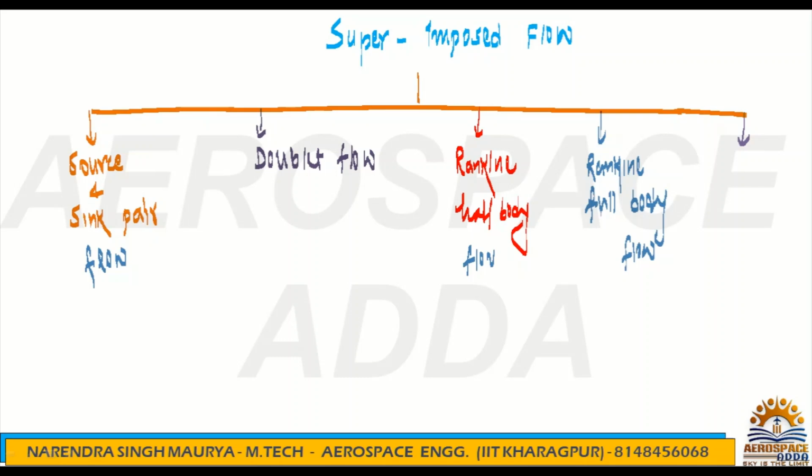I told you it's like an image. You have to check that the flow will form one cylindrical shape. So you can say it's now flow over a circular cylinder.